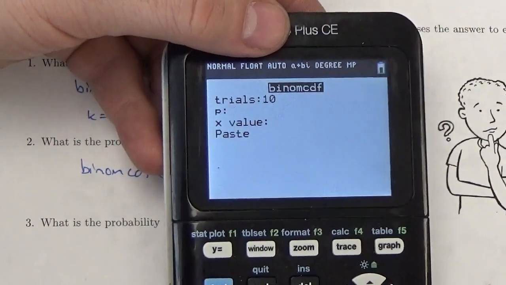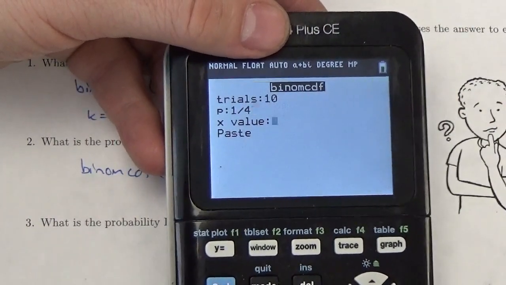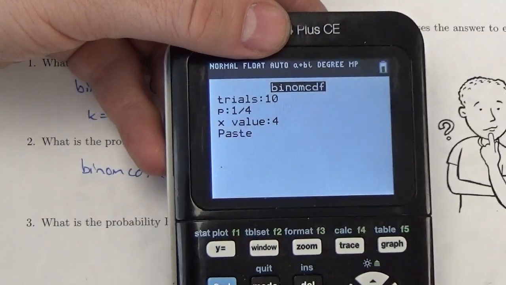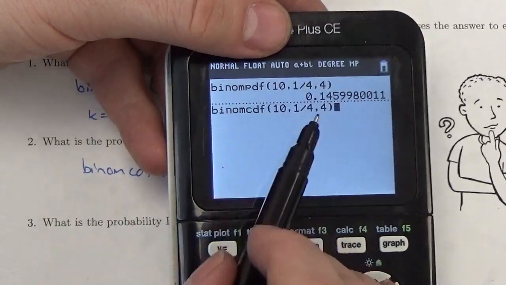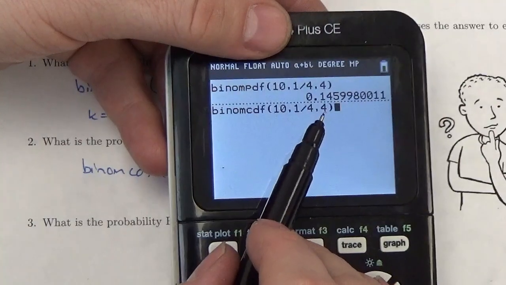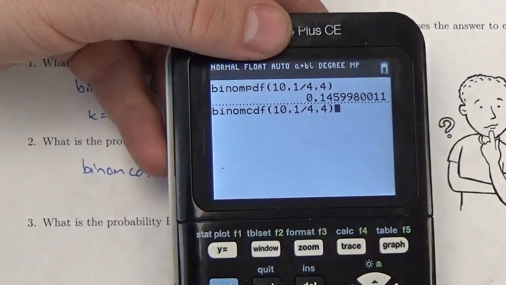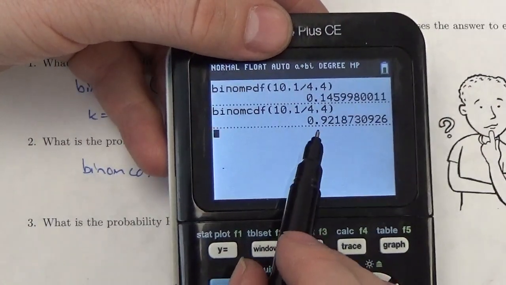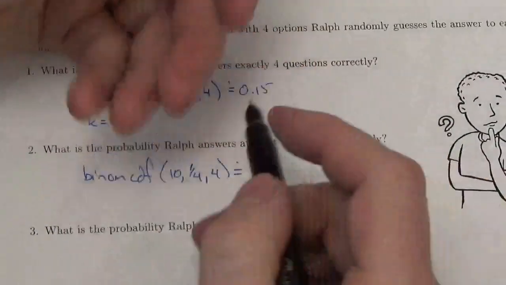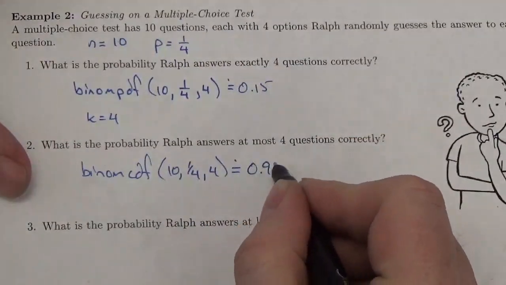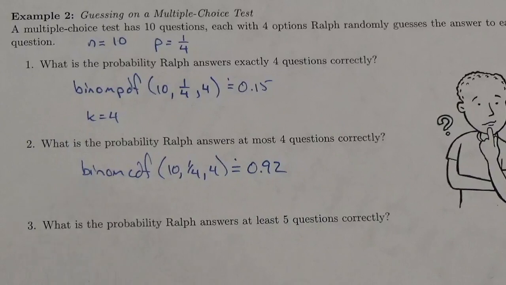Still 10 trials, probability is still 1/4, and this time we're looking for at most 4 successes. What that's going to do is evaluate 0, 1, 2, 3, and 4 separately, then add them up. Ooh, and we get 0.92. So there is a 0.92 probability that he's going to get at most 4 questions correct, so somewhere between 0 and 4.